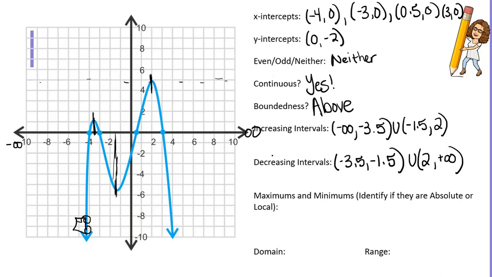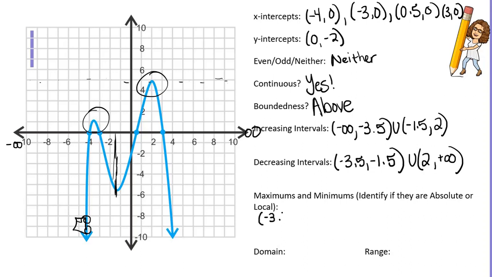Let's talk max and mins. Well, I'm going to do some cleaning here on my graph. I do have a couple of hills, right? One hill right here and one hill right here. This guy looks like its maximum would be at (-3.5, 1). So I'm going to put it as an ordered pair here.